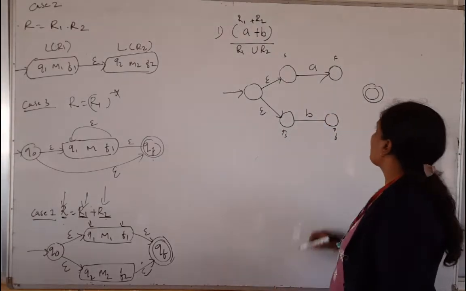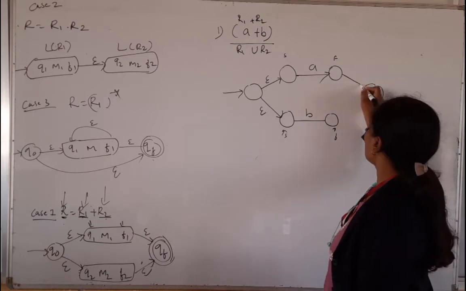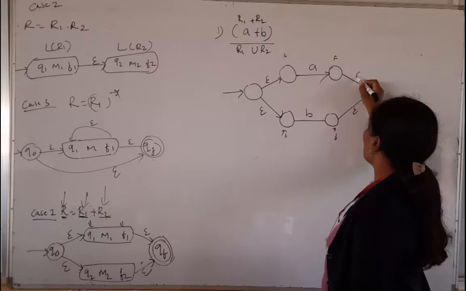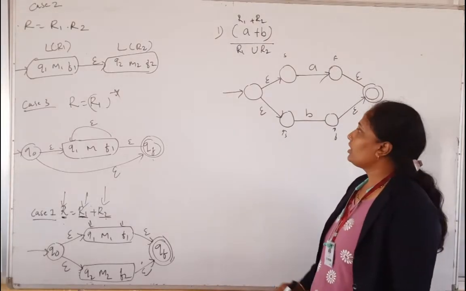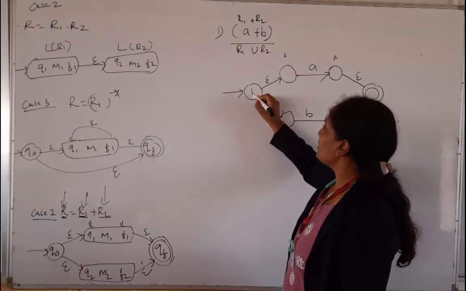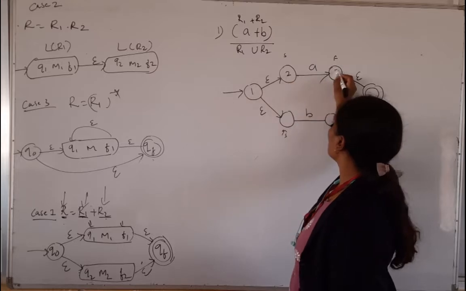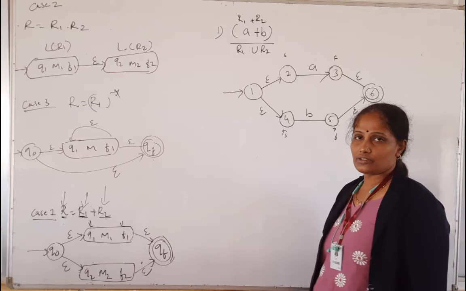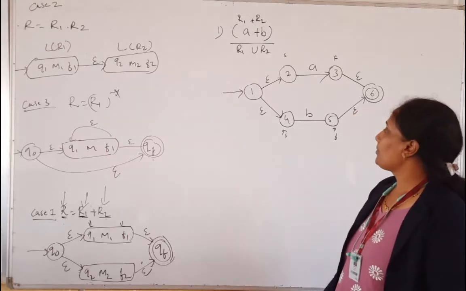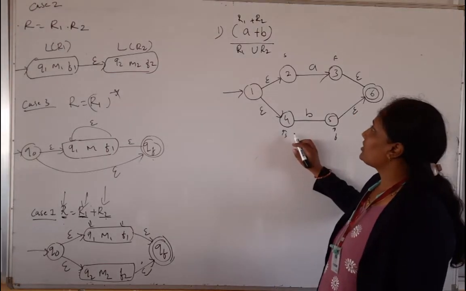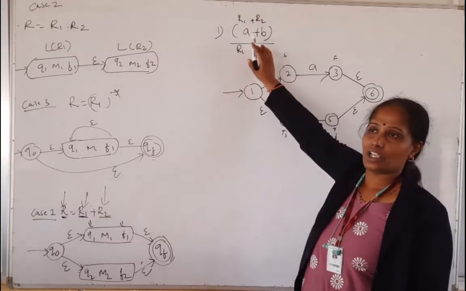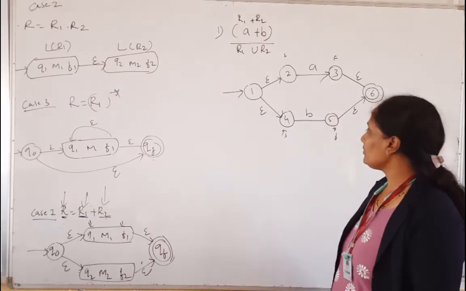Next, the final states of R1 and R2 I connect to the new final state with epsilon transitions. After that, I name these states 1, 2, 3, 4, 5, 6. You can give alphabets as state names also. So this is my FSM to accept the regular expression A plus B.